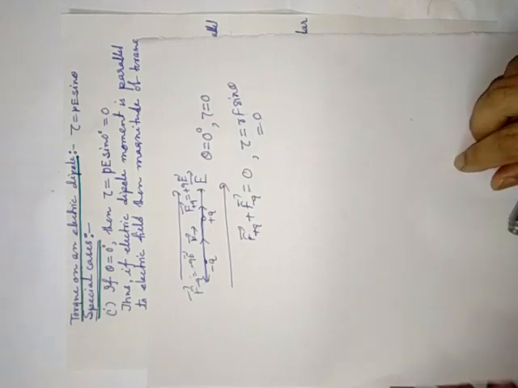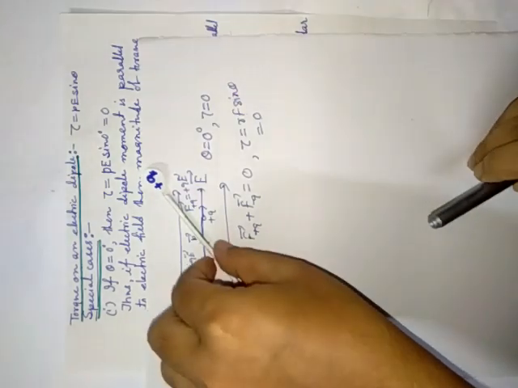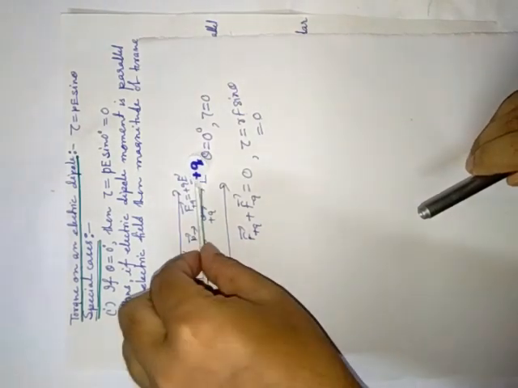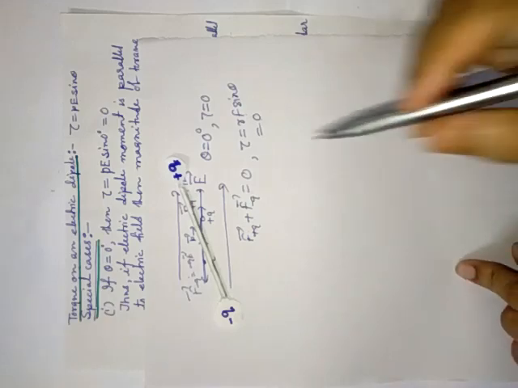Stable equilibrium. Stable equilibrium means, see here, you will understand better. Suppose this is in stable equilibrium, and you displace the dipole a little bit by an external force, through a certain angle theta. Then what will happen?